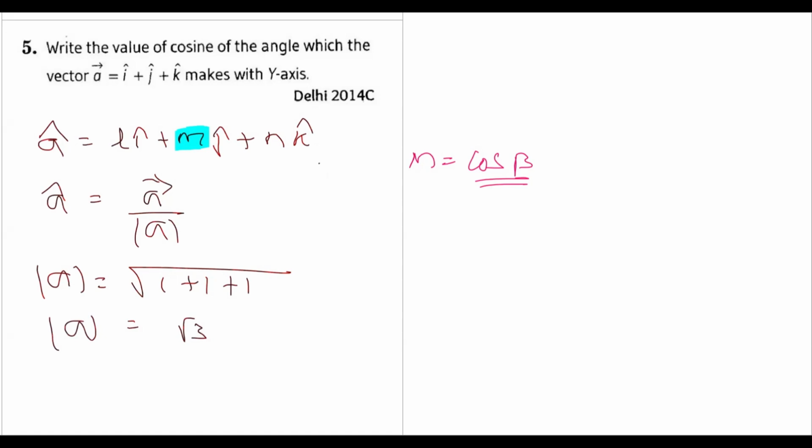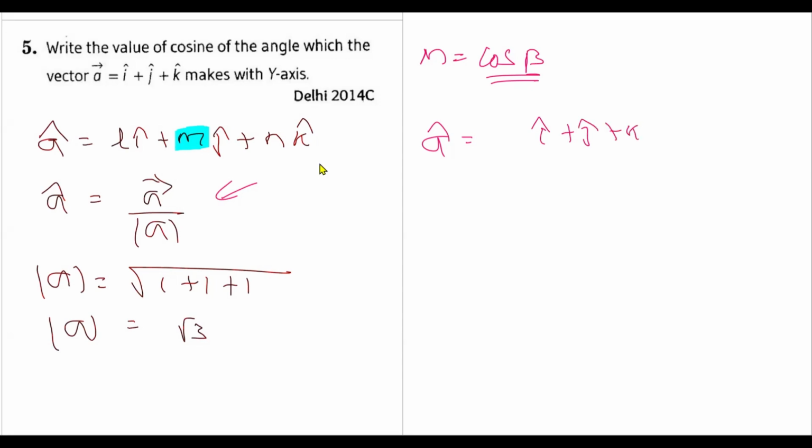And later what we have to find out is a unit vector along A. So I'll be writing A cap, that is vector A, which is I plus J plus K cap, divided by the magnitude A, which is under root 3.